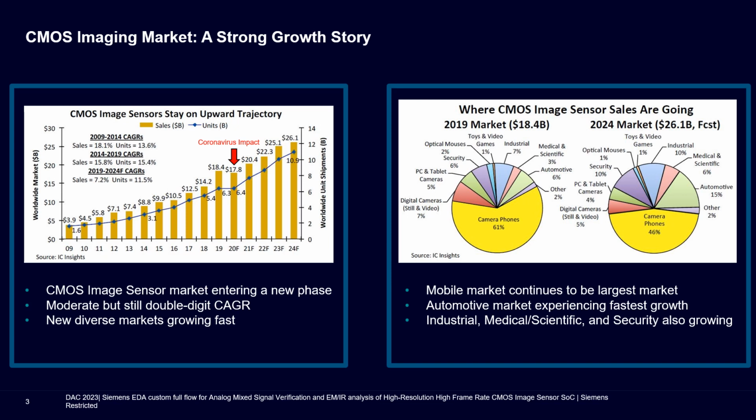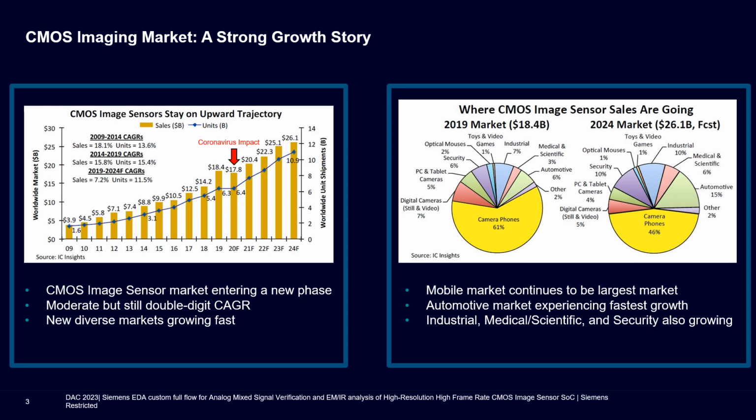CMOS imaging market has shown significant growth over the last decade. The graph on the left, we can see a CAGR, which is compound annual growth rate, of double digit up until 2024. You can see that there is a dip at 2020 due to the impact of the pandemic. The growth is coming from diverse markets.